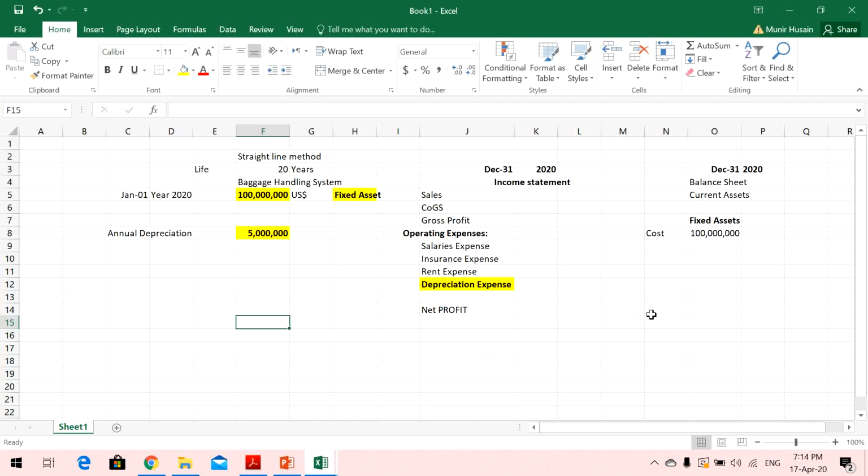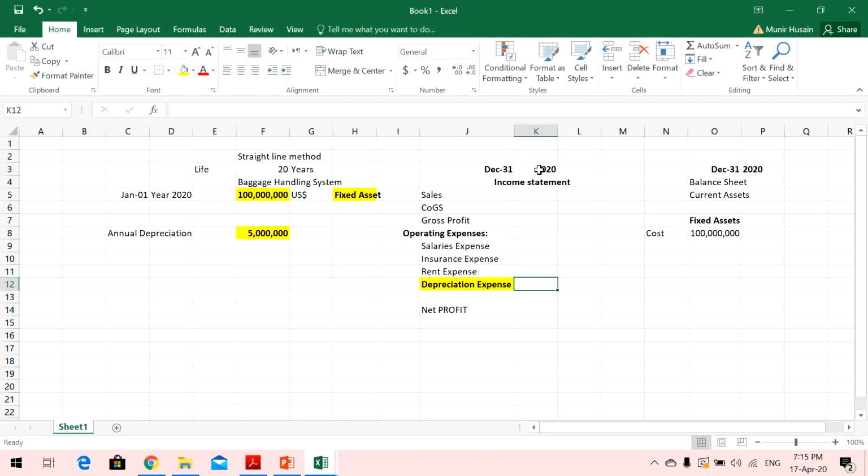Now, how are we going to do it? This example is again very important to understand the whole chapter, that's why I am putting it. How much is the depreciation expense for 1 year? Remember how this cost will be put into our financial statement. We cannot put 100 million here because we did not use it only for 1 year.